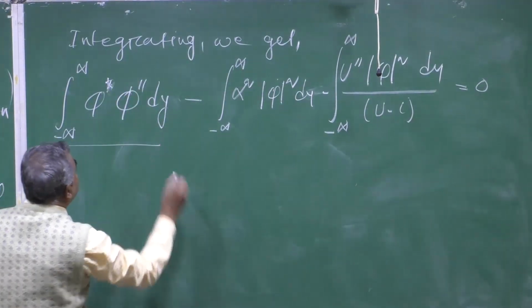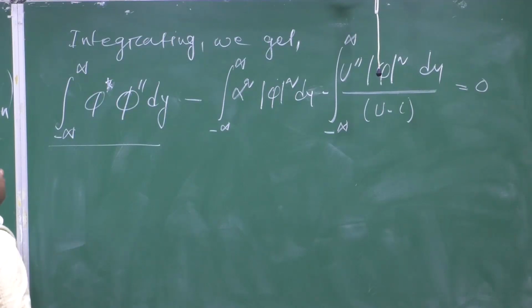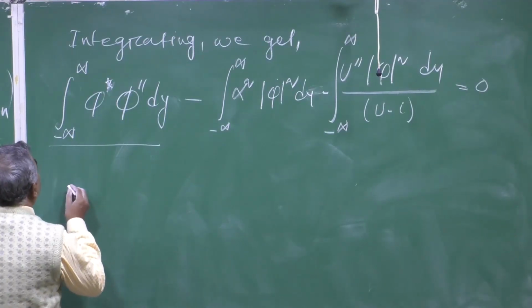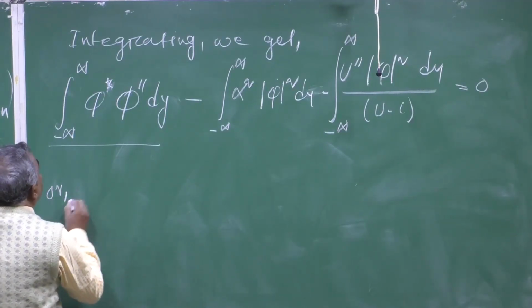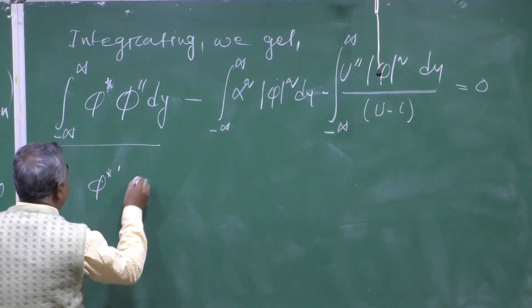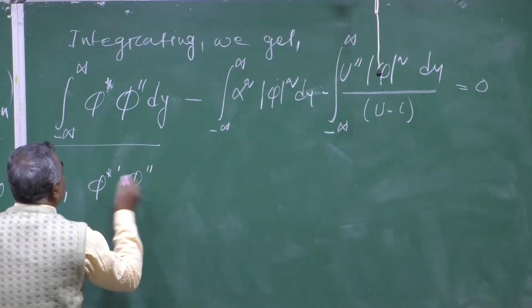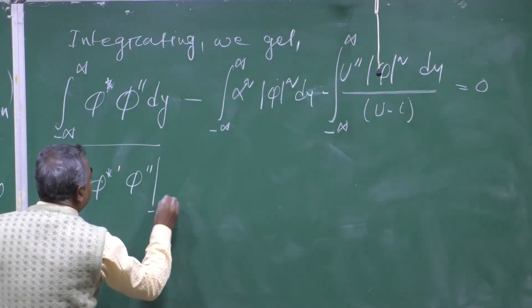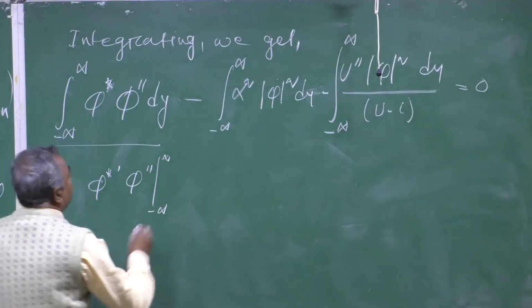If we integrate the first part by parts, then what can we write? Phi star prime into phi star, from minus infinity to infinity.